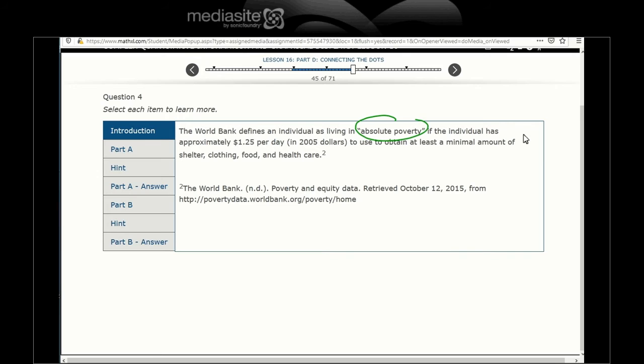Absolute poverty, $1.25 a day. That's like $400 a year, in perspective, in case you're wondering. The World Bank poverty data retrieved from the World Bank poverty website. All right, let's see what this guy has to say.